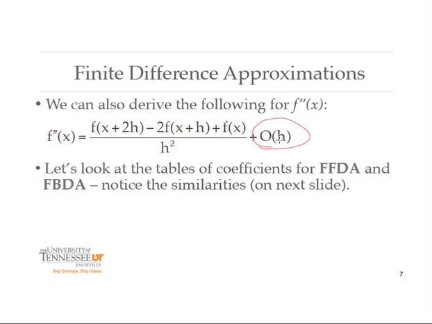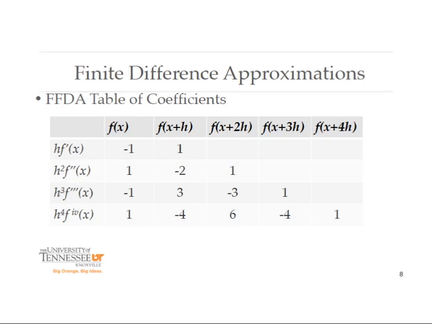And so now let's just look at the table of coefficients for the first forward difference and the first backward difference. Again, here's the first forward difference. How do you read this off? The first row would tell you that the formula would read h times f prime of x is equal to minus f of x plus 1 times f of x plus h.